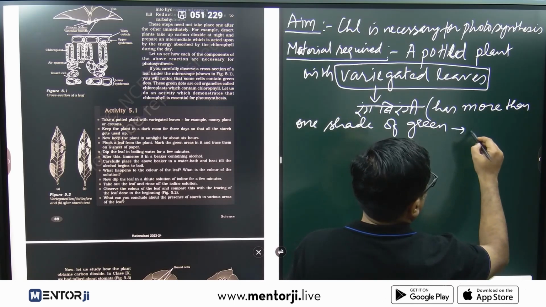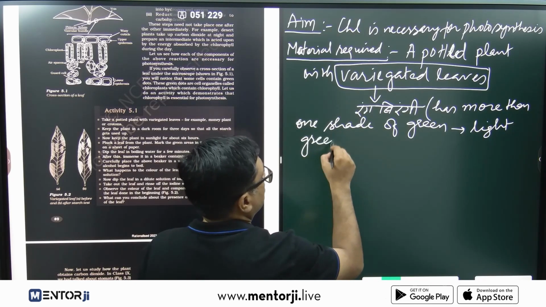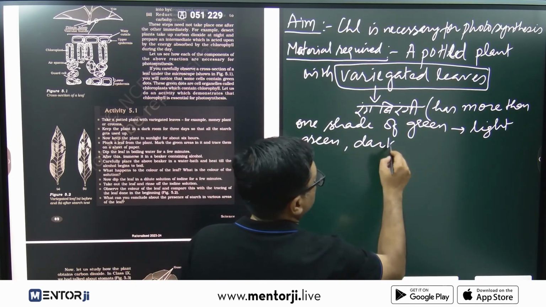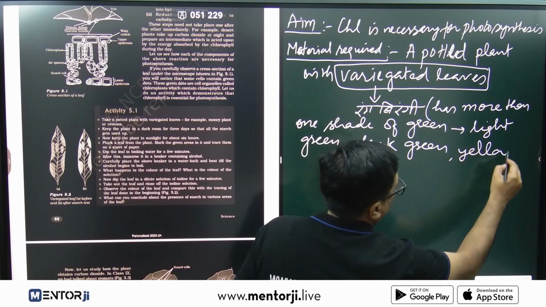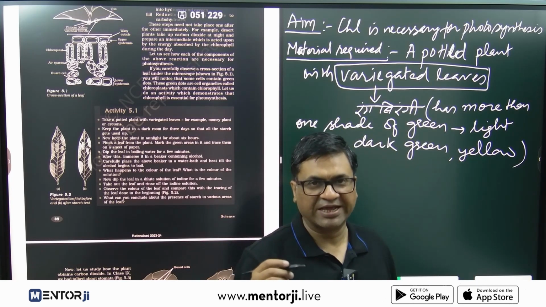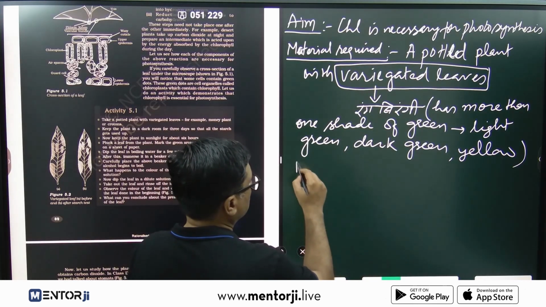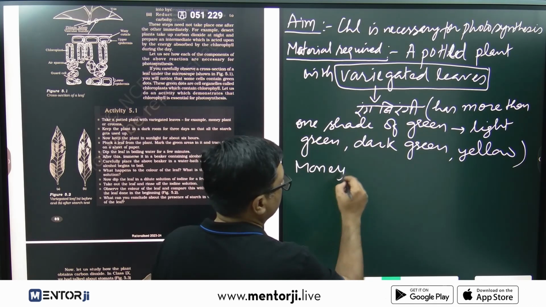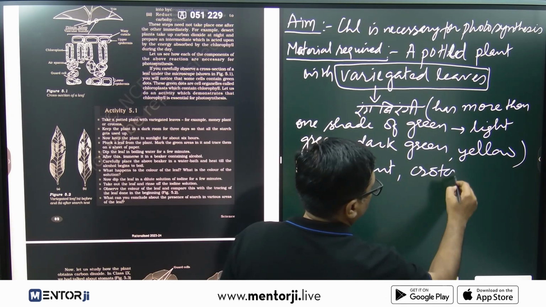That means light green, dark green, yellow. So all the different shades of green we are taking, and common examples are money plant and croton.